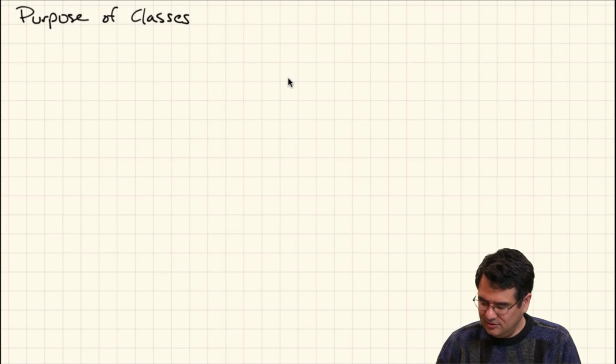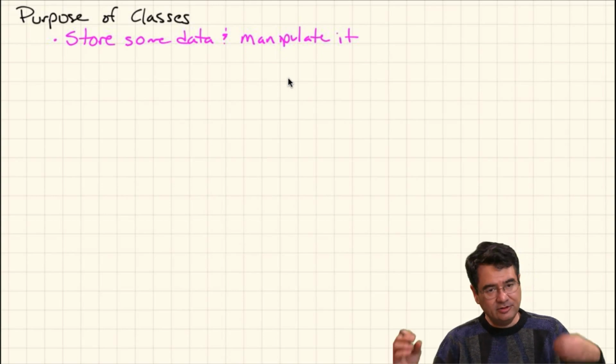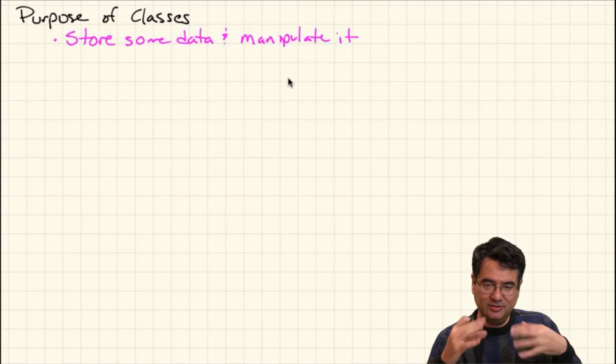One is we want to store some data, and we want to manipulate that data. So we want to put some data into an object, and then we want to do something to it.